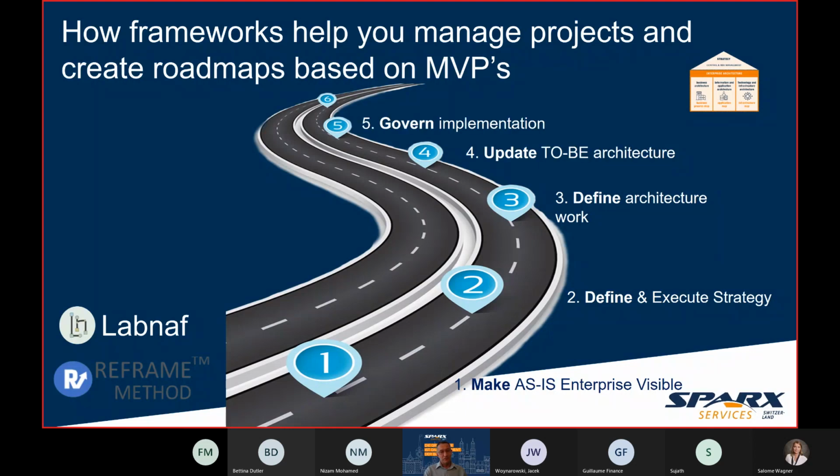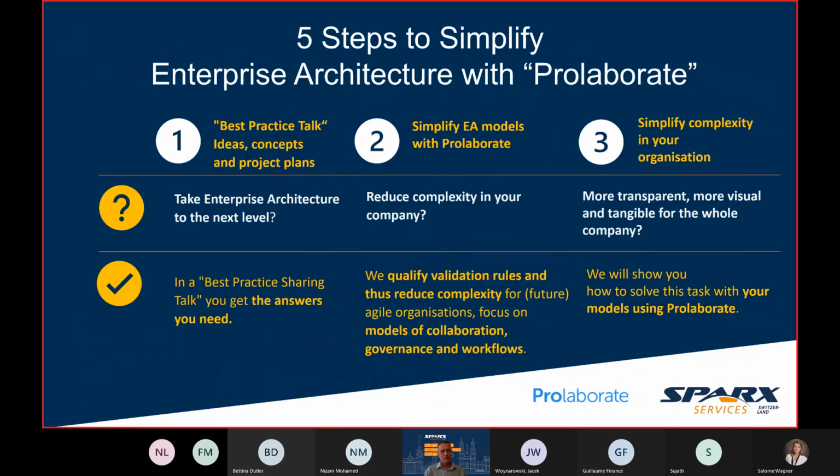Then, of course, you have to start to govern your implementation: who is doing it, and on which governance status it will be executed. Then you get a new, updated as-is architecture from the to-be architecture. Then you very often restart to define and execute the next strategy for the next level. So this should be clear.